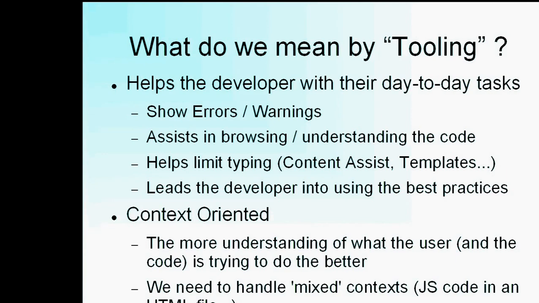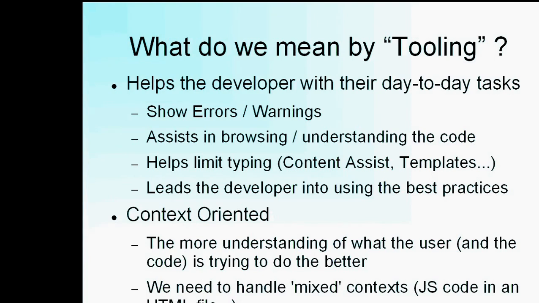So you get your normal content assist, you get the easy stuff, which is warnings and errors and parsing and syntax coloring. Then you get some assists in browsing, F3, and being able to navigate around in an unknown environment. You get content assist.